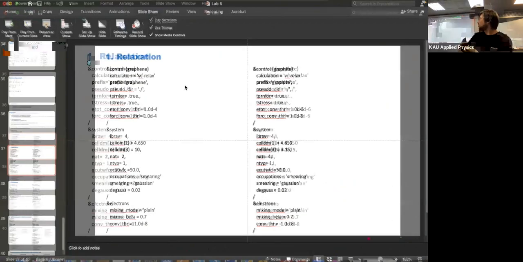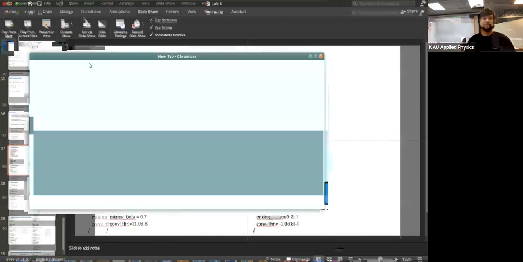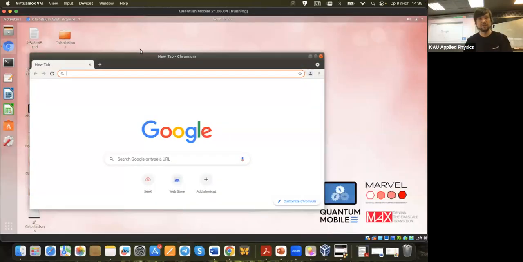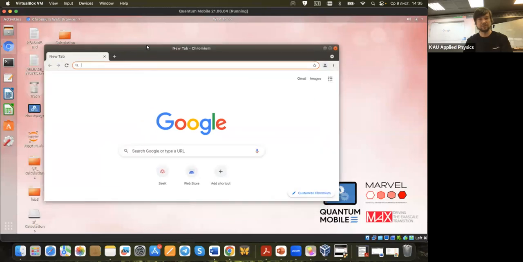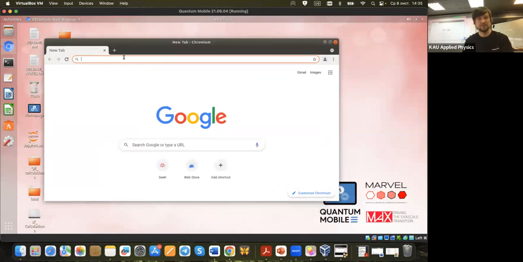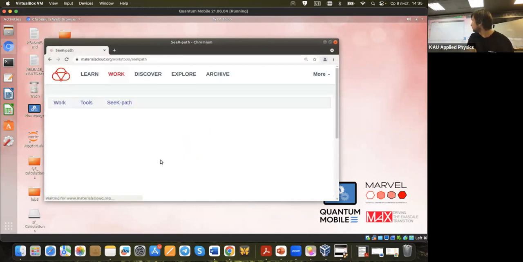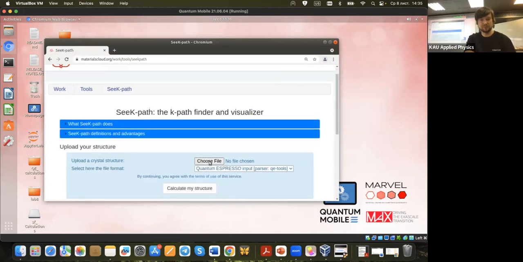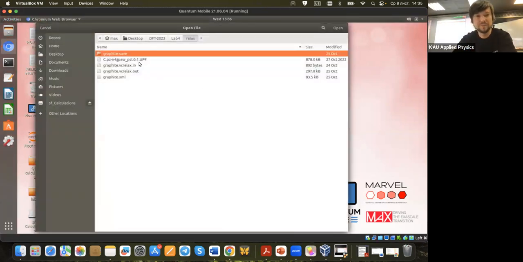Now I want to use Materials Cloud SIG-Pass to show you the difference between graphene and graphite. Here is SIG-Pass. Firstly, I will choose my graphite file.